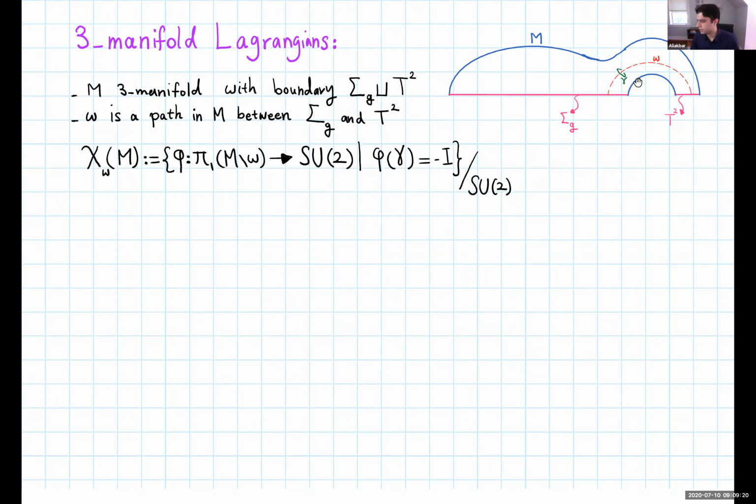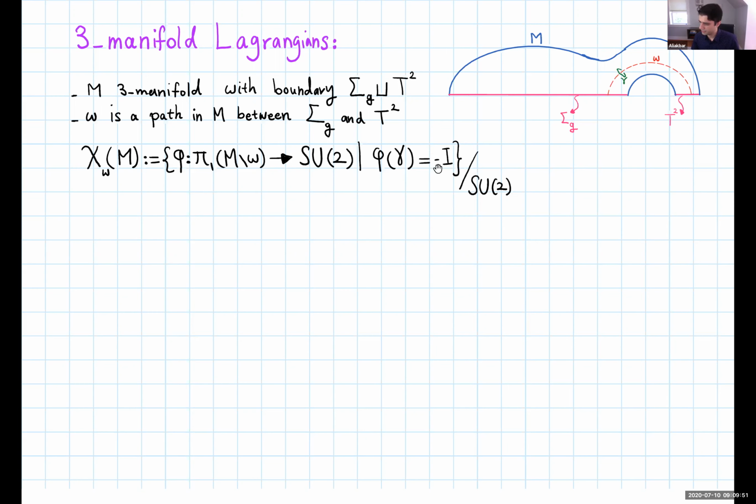So now we again can define a character variety, the space of representations of the fundamental group of the complement of this path omega in M into SU2. Similar to the case of the surface, if we take a loop which goes around omega once, we require that the elements in our character variety map this loop to negative identity.